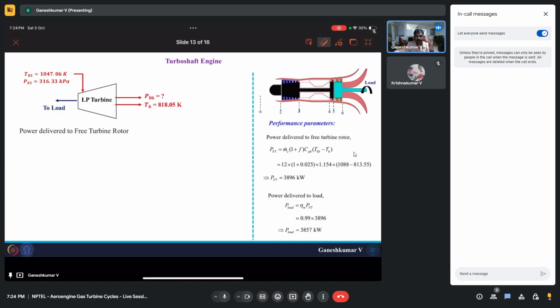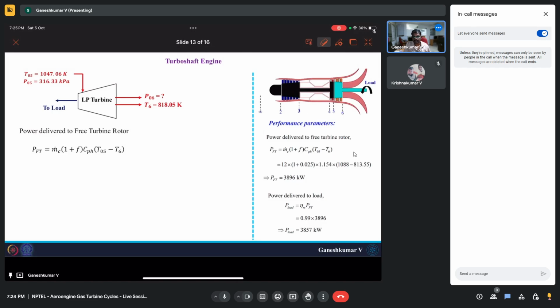Now let's try to find out the power. The power we got in the flying condition was 3896 kilowatts, which is around 3.9 megawatts. Now let's see what happens during the ground condition. The power formula we all know, it's m dot Cp into delta T. Here m dot is going to be m dot C into 1 plus F, because we have added fuel.